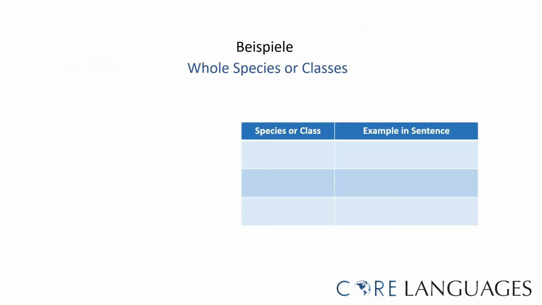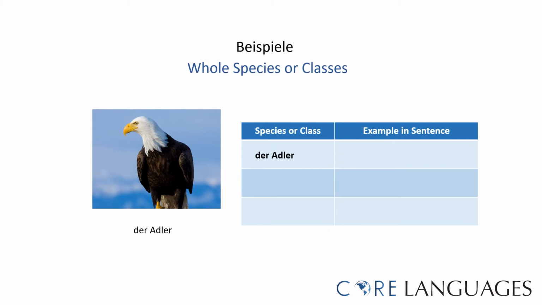Here are some examples, or Beispiele, of sentences referring to nouns that belong to a whole species or class. For example, der Adler, the eagle. Der Adler ist ein deutsches Symbol. The eagle is a German symbol.